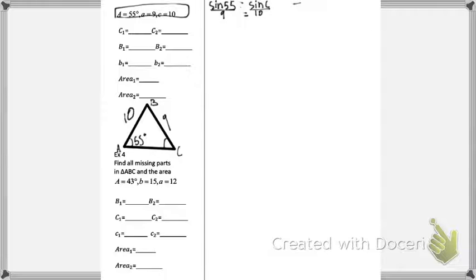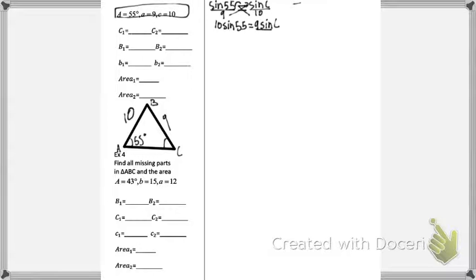Now let's cross multiply. So 10 sine 55 equals 9 sine C.